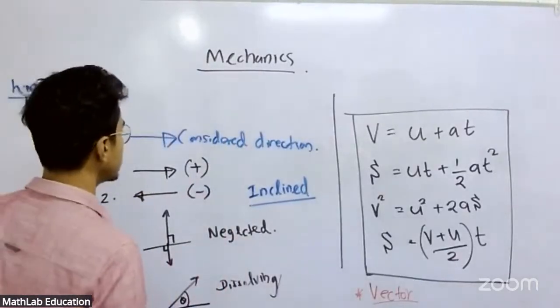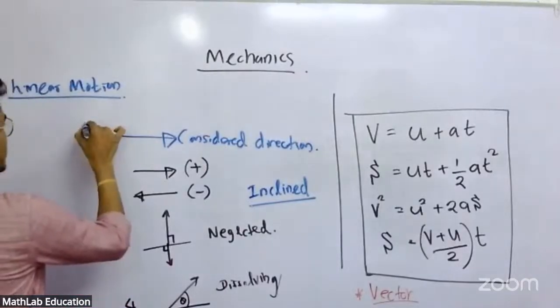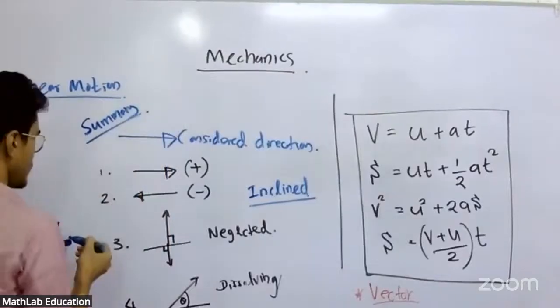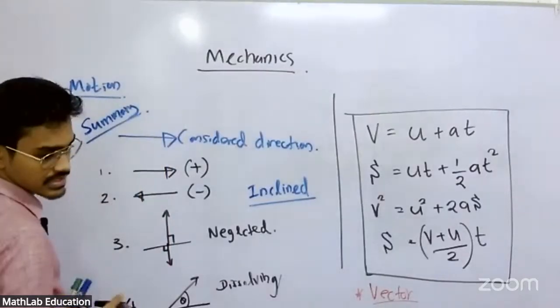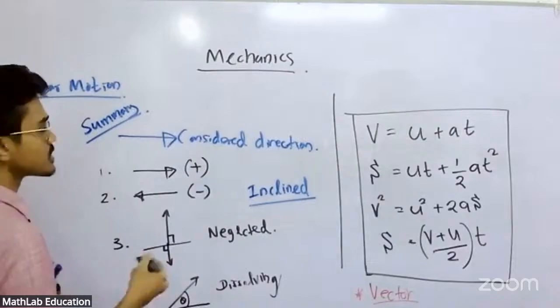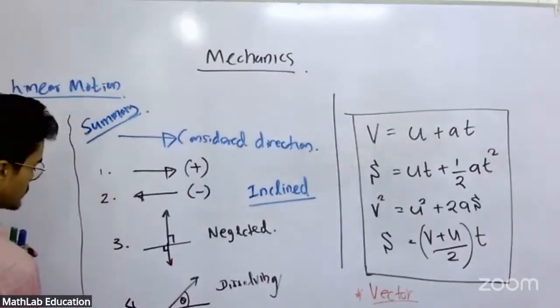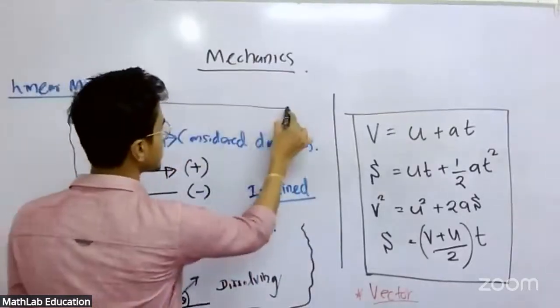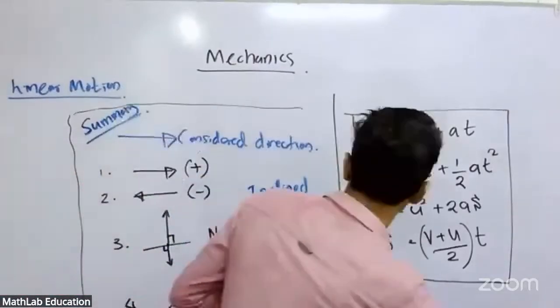Okay, so basically, as a summary, this is what we do. This is how we deal with these vectors. So as a summary, mention this in capital form and highlight it. I'll erase this.